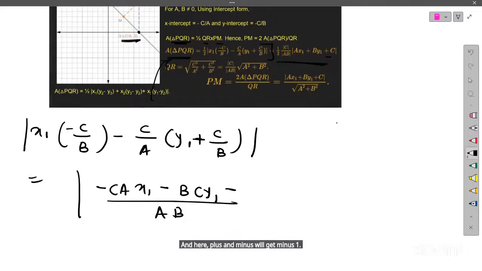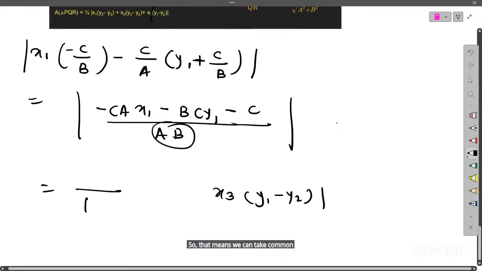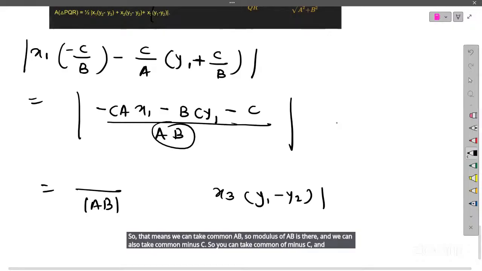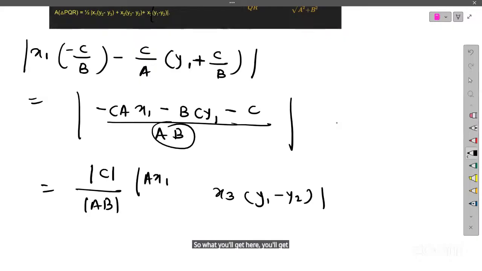Here we have B as well as A, so C will remain as it is. So we can take AB common, so modulus of AB is there. And we can also take minus C common, and as minus C comes out of the modulus, you can write it as C itself. So what you will get here is AX1 plus BY1 plus C.